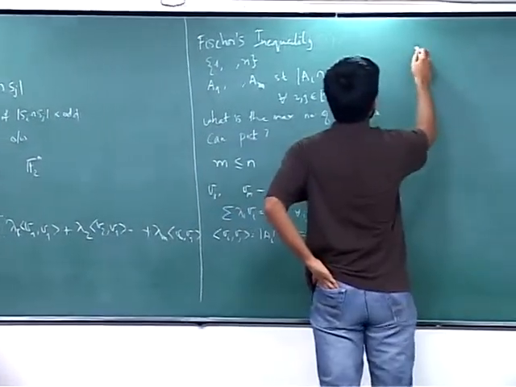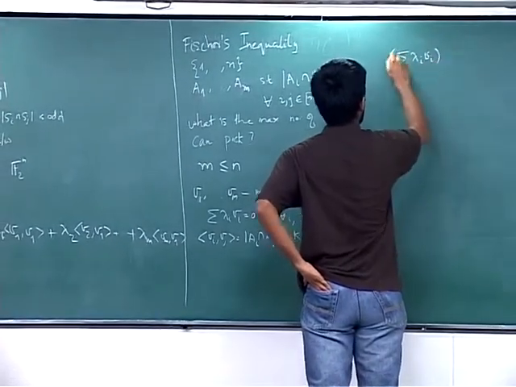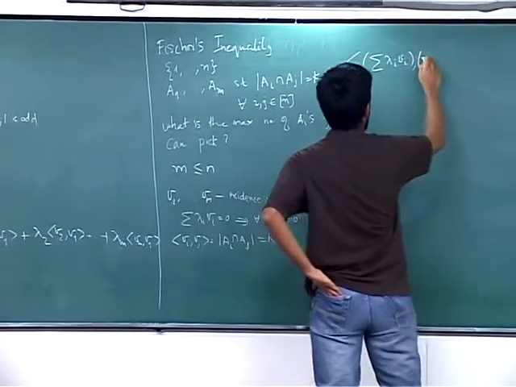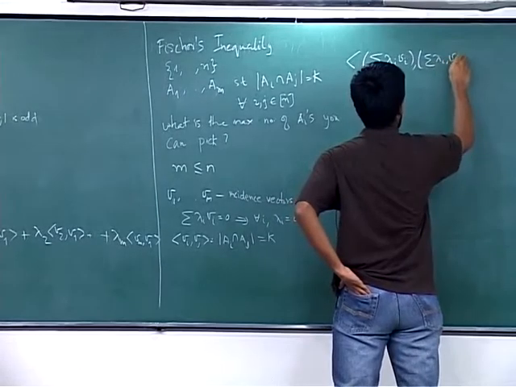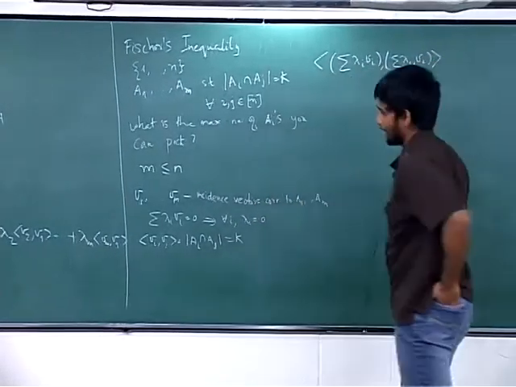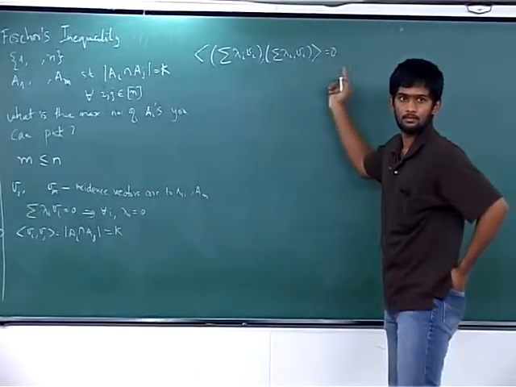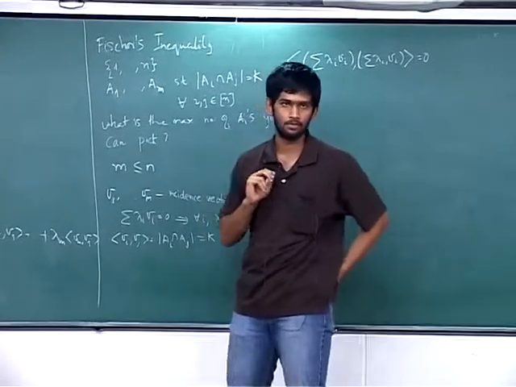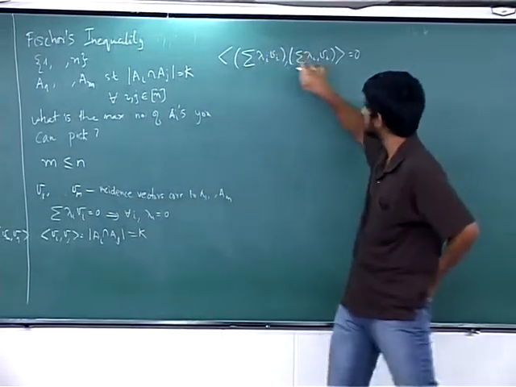So look at this quantity here. I know this is equal to 0. So basically I want to somehow show that these lambdas are going to be 0. I know that the vector summation lambda i vi is 0, therefore this inner product is 0.